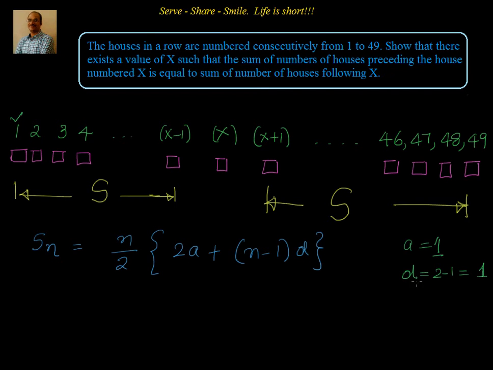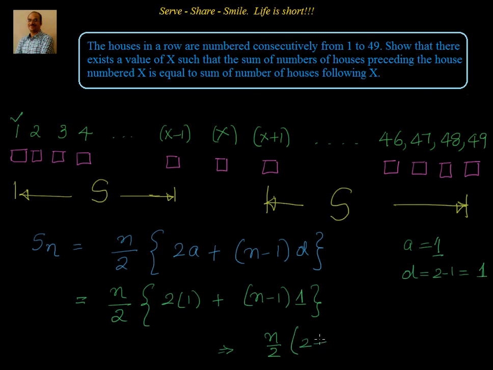So let's substitute the a and d values and get a formula. Sn equals n by 2 into 2 into 1, plus n minus 1 into 1. If I simplify, I will have n by 2 into 2 plus n minus 1, which is equal to n into n plus 1 by 2.